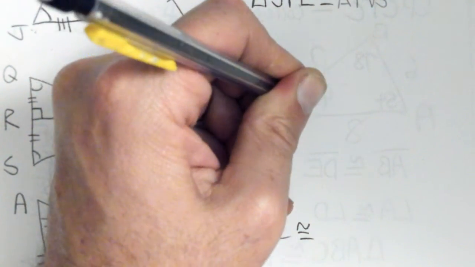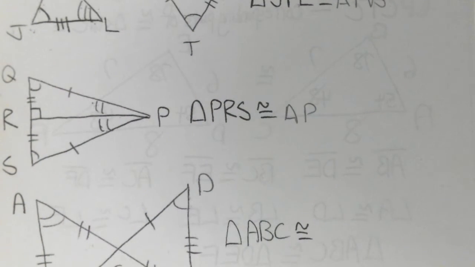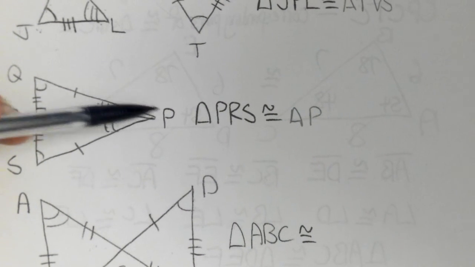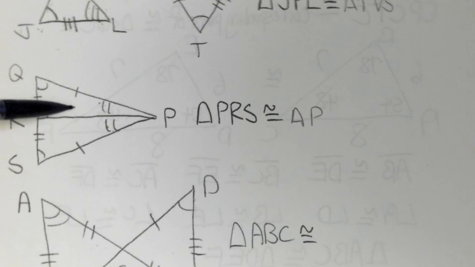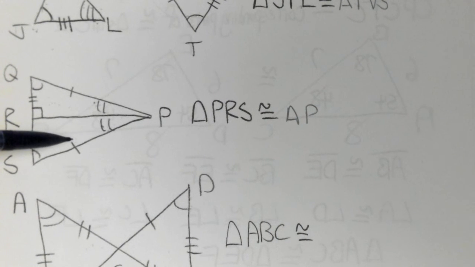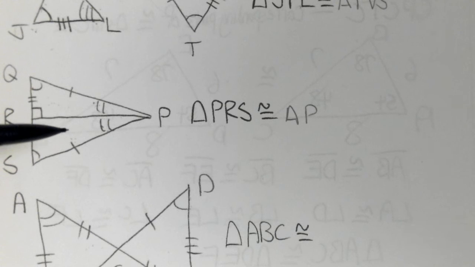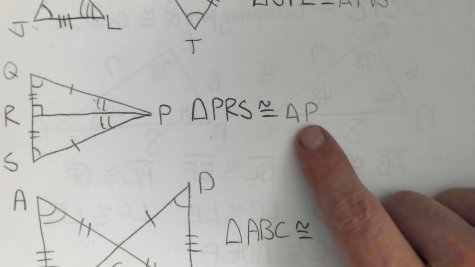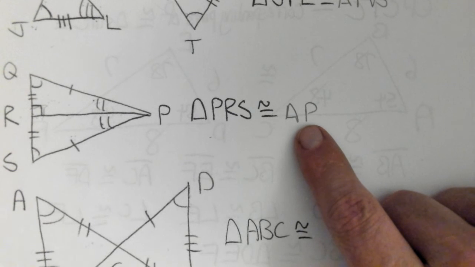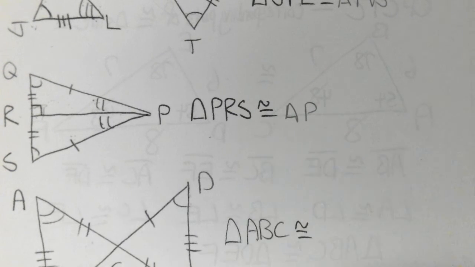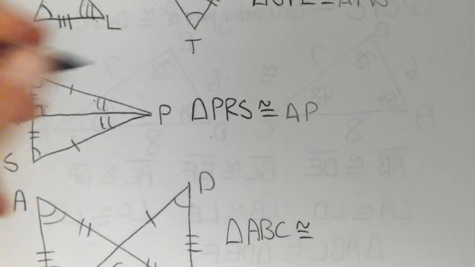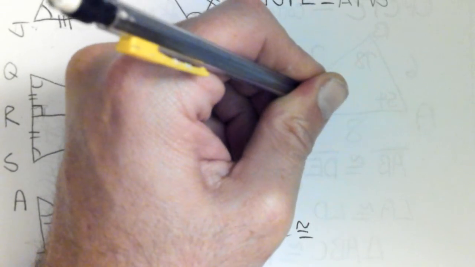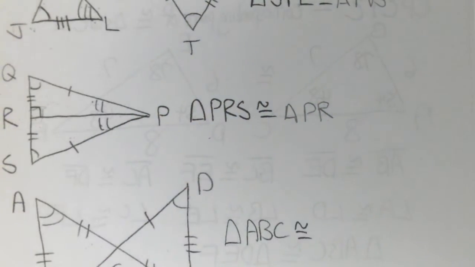It's going to start off triangle P something, because angle P happens to be in the top triangle, and angle P happens to be in the bottom triangle. All right, and so P matches with P, and that's fine. Now R, when you're looking at R, is the 90 degrees, right? And so it's actually going to match with the R on the other side, which is also 90 degrees. The R of the other triangle is what it would match.